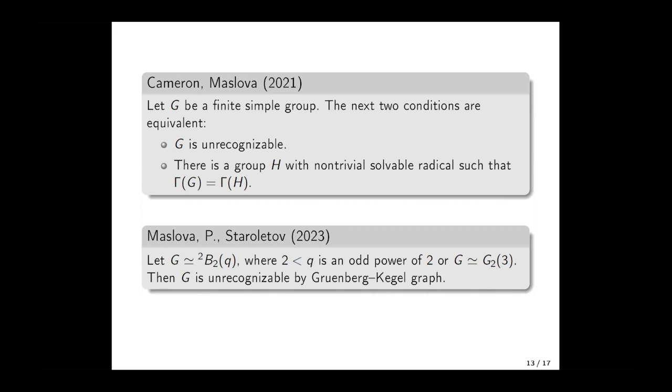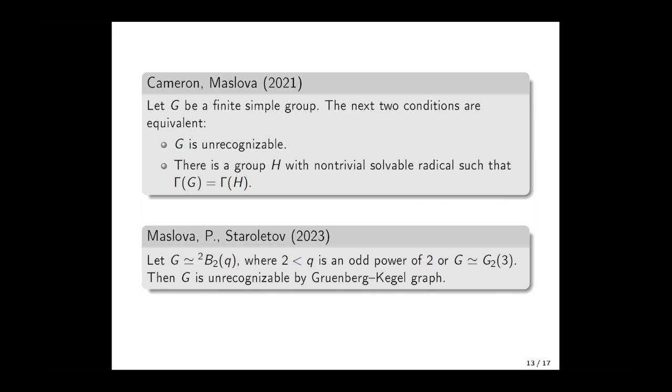And as Kondratiev told us, it was known to Suzuki that there exists a four-dimensional module V over a field of the same order Q, such that each non-trivial element from each maximal torus of G acts fixed point freely on this module. And it follows that the semi-direct product of this module and the group G doesn't change the structure of the prime graph of G. So there is a group with non-trivial solvable radical, therefore it is unrecognizable.